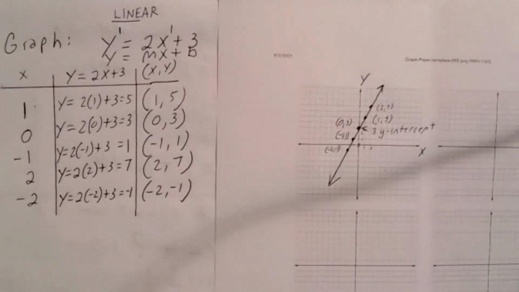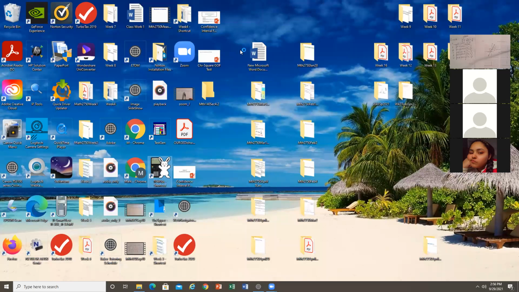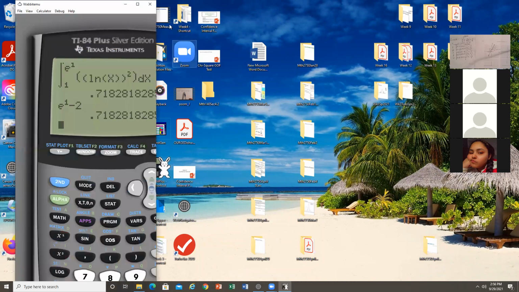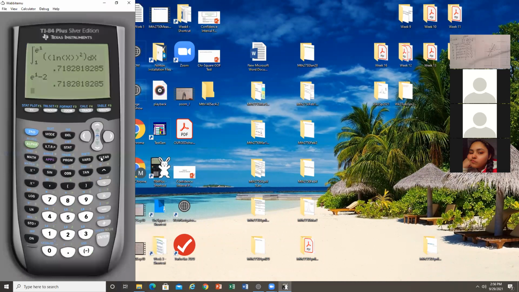All righty. Now, ladies and gentlemen, could we have graphed that linear equation on our graphing calculator? The answer is absolutely yes. Let me show you quickly how to graph this equation on the calculator. All right, this is your graphing calculator.